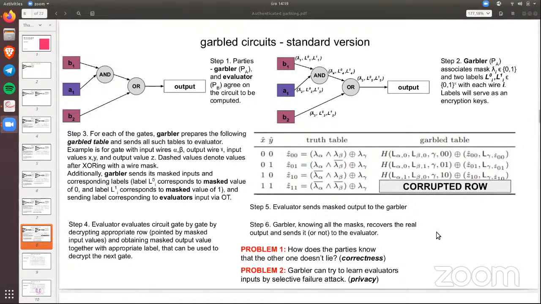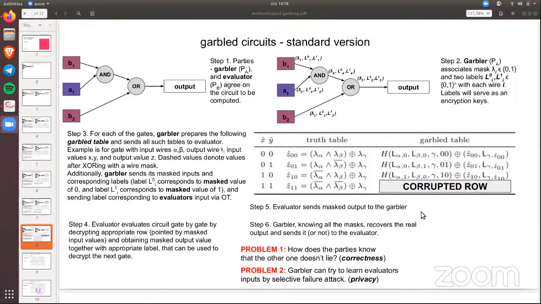Then the evaluator will notice this corruption only in case of having some very specific input. After learning that this row is corrupted, he would have to abort. So from the fact that the evaluator aborts, the garbler would learn something about the evaluator's input.